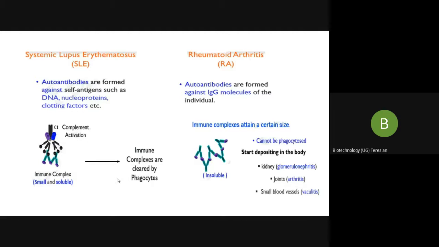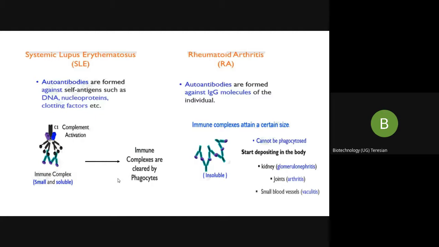If these immune complexes attain a size that makes them insoluble, they precipitate out of the serum. Immune complexes can become large and insoluble when an inefficient ratio of antigen and antibody occurs.